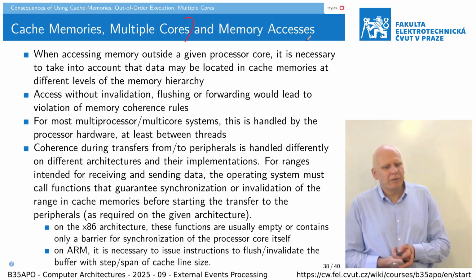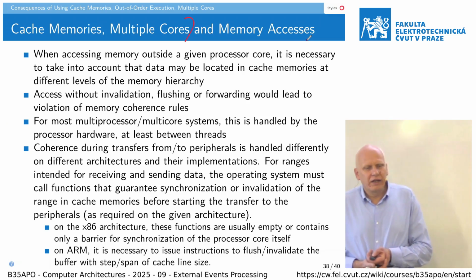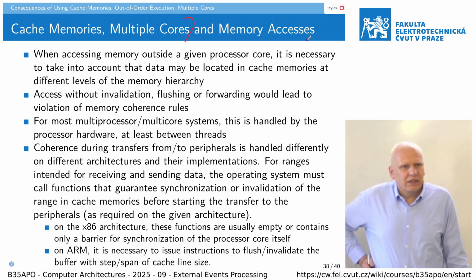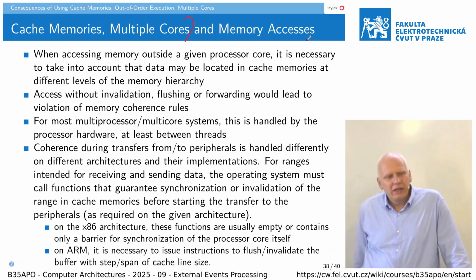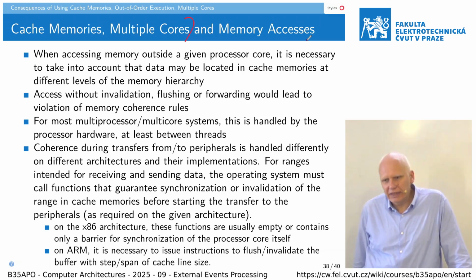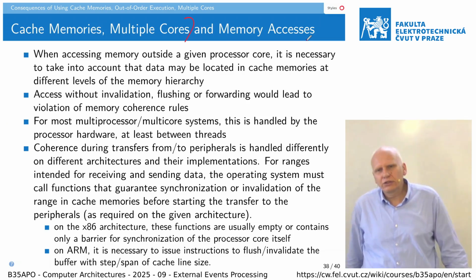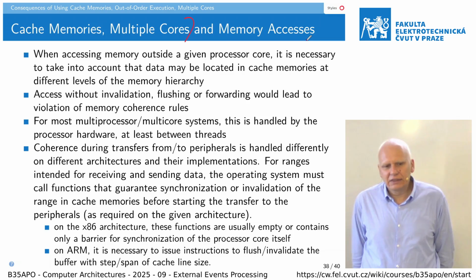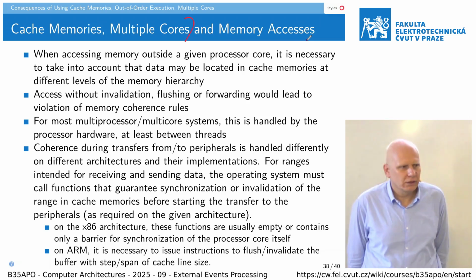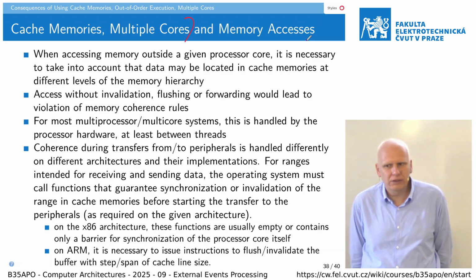Because, for example, if you set the disk controller to take the data from the memory, but those data are still in a write-back cache, then it can start to fetch stale data and never actually get what you have written.